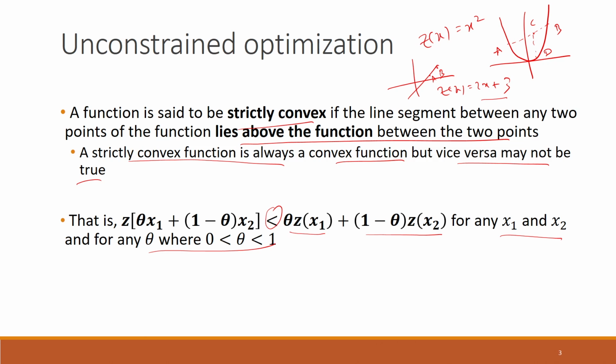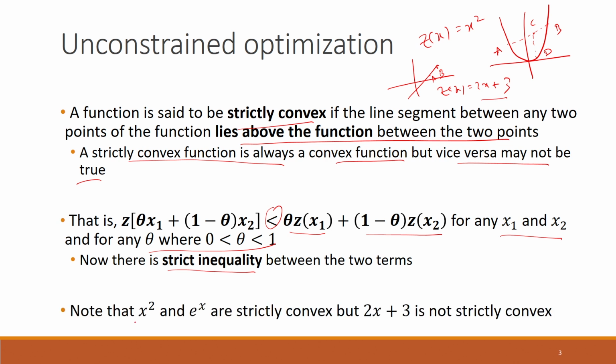Previously, we had less than or equal to in the case of convex functions. Now we have a strict inequality between the two terms. The functions x square and e to the power x are strictly convex, but the function 2x plus 3 is not strictly convex.